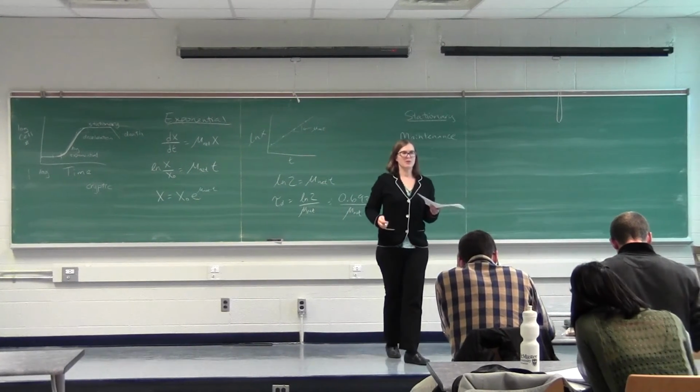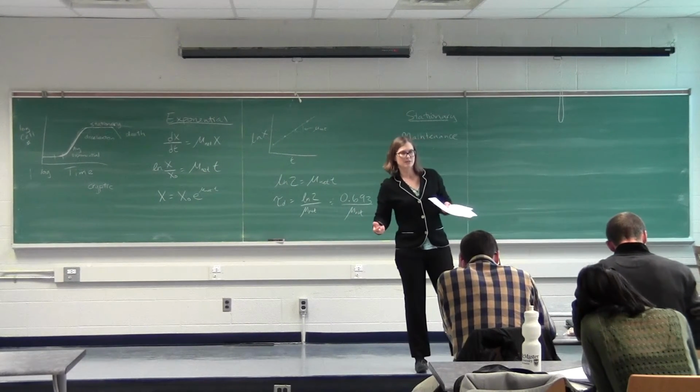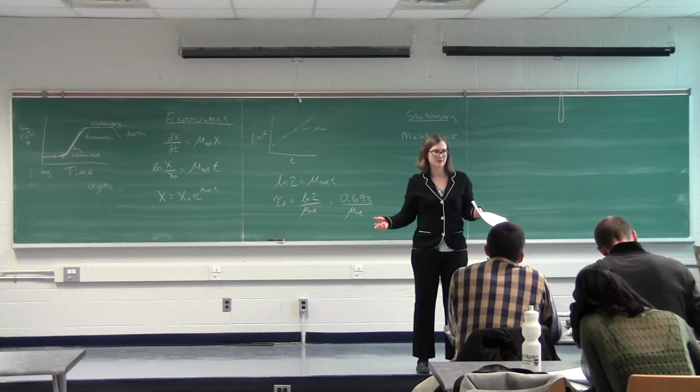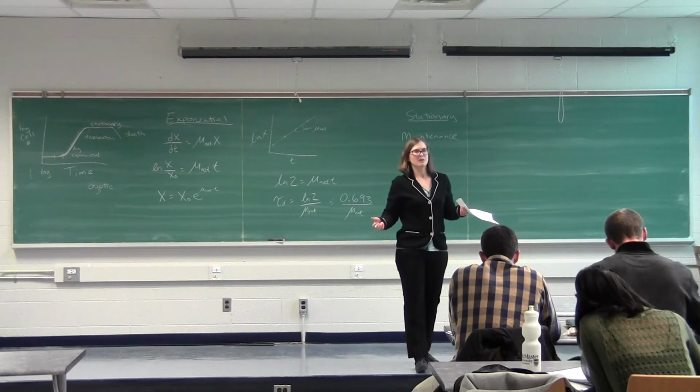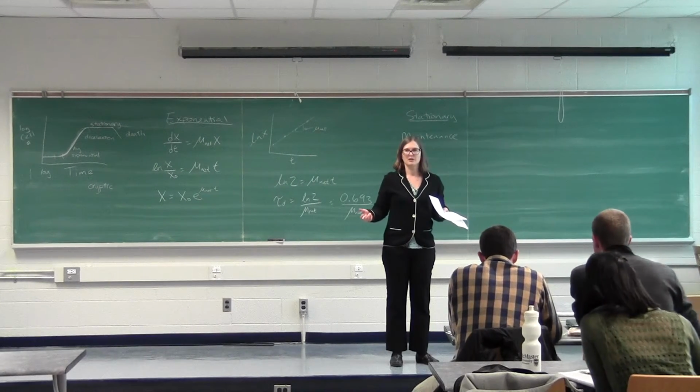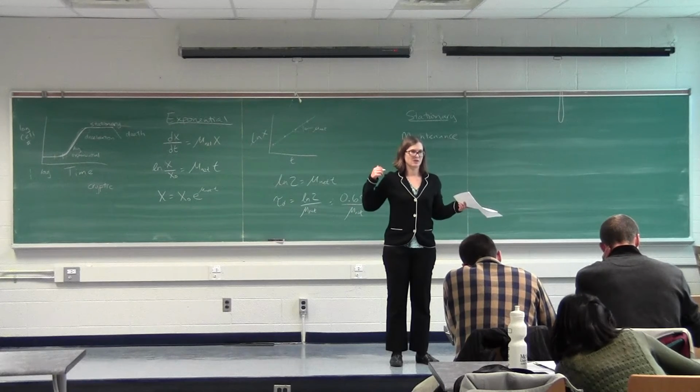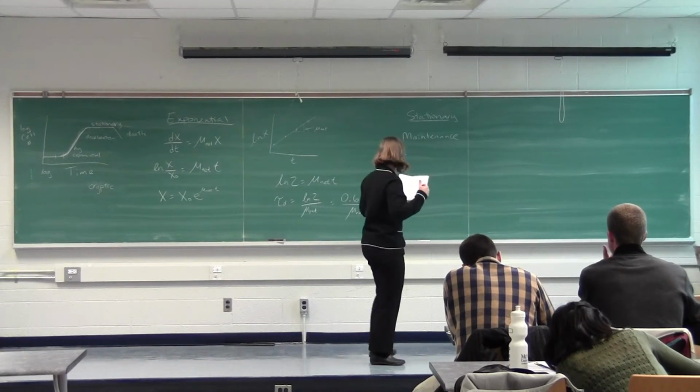Instead of almost all of your energy going into dividing your cells, you've got some of your energy going into just keeping your cells alive. And at the stationary phase, that's an increasingly large part of it.